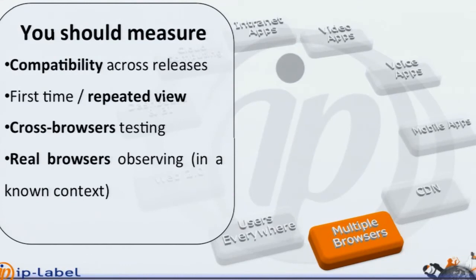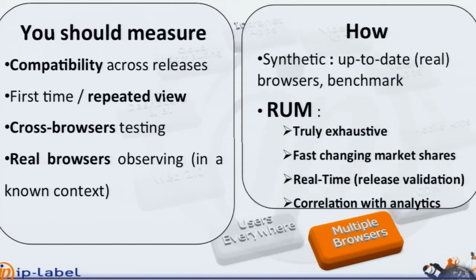To measure the browser, you need to be sure that they are all compatible with your web application and that they are fast, for the first view but for the repeated view as well. You need to really observe the real browser in real contexts of usage.